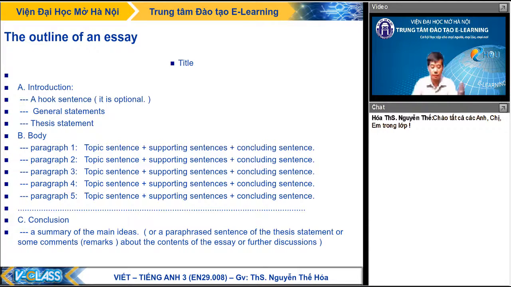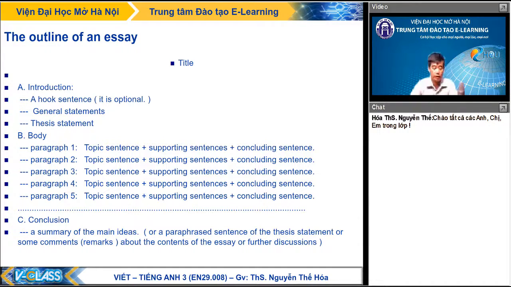But it is better for you to have a hook sentence. Why? A hook sentence can draw the reader's attention. Whenever we have a hook sentence, the reader will pay more attention to your writing. And also the content. In some cases, a hook sentence may create curiosity among readers.